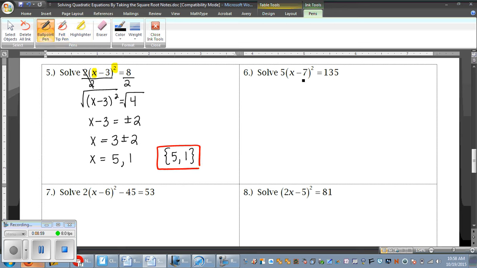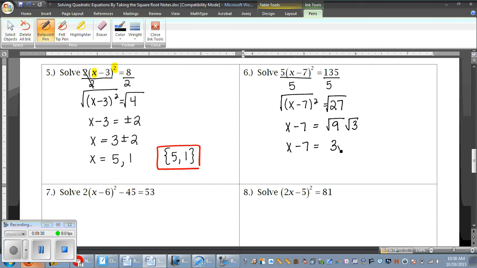The square root of 9 is 3. I leave the square root of 3, and I make sure I write a plus or a minus. And I add the 7 over to the other side, but these are not like terms because the 3 has a square root of 3 after it, and the 7 does not. So my final answer is just 7 plus or minus 3 times the square root of 3.